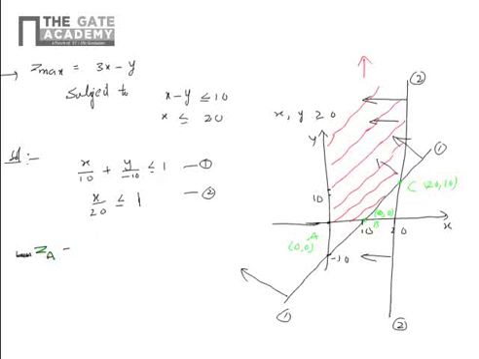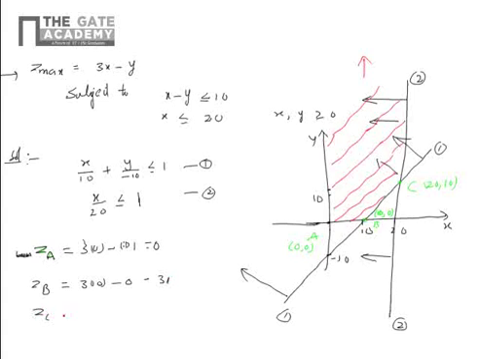ZA is equal to 3 into 0 minus 0, which is nothing but 0. So ZB is equal to 3 into 10 minus 0, 30.